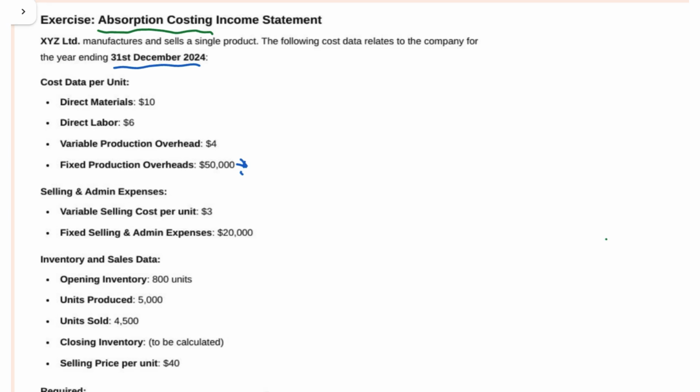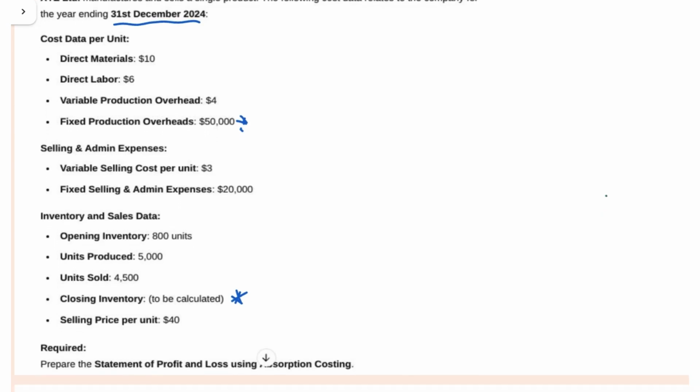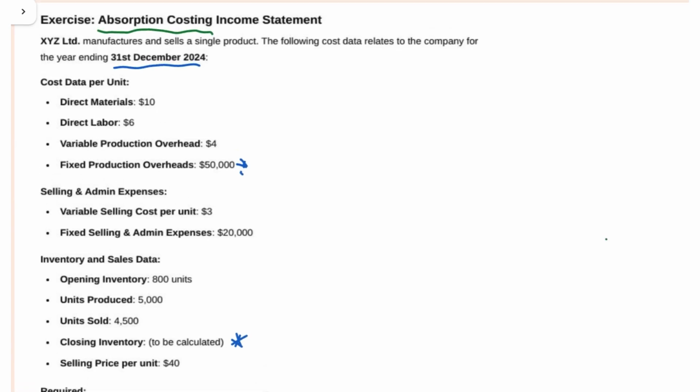We produced 5,000 units and sold 4,500 units. We need to calculate closing inventory, so take note of that. Our selling price per unit is $40. We have to prepare the statement of profit and loss using absorption costing.